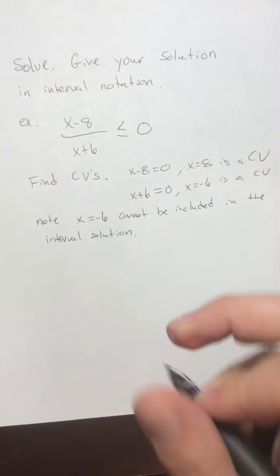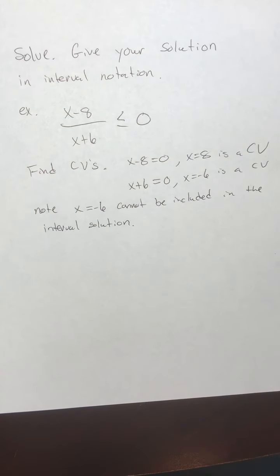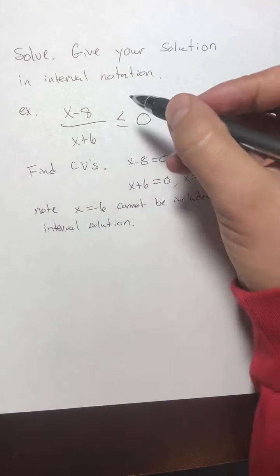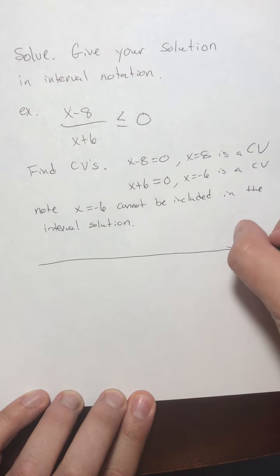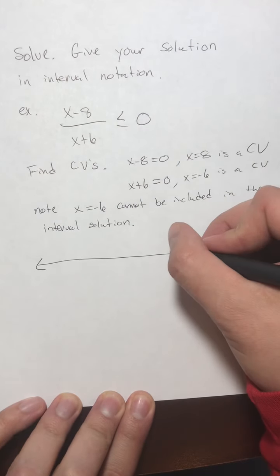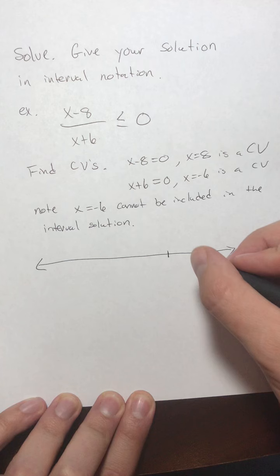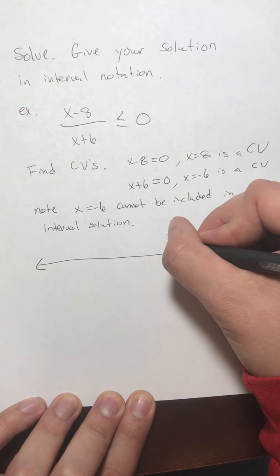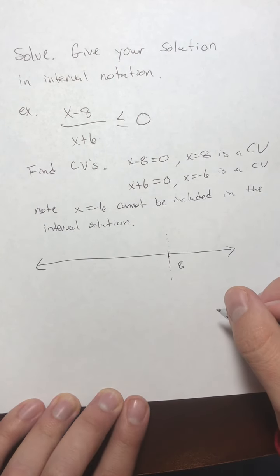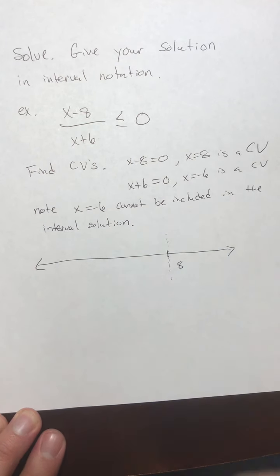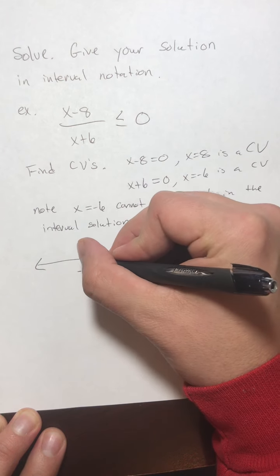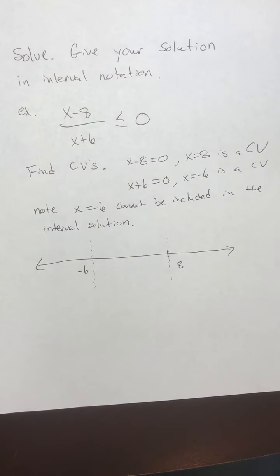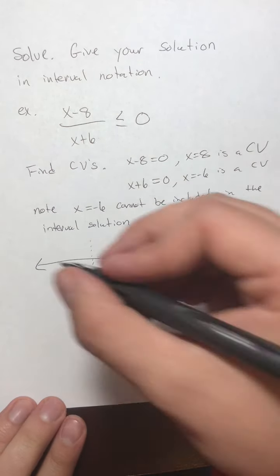Note negative 6 cannot be included in the interval solution because that would cause division by 0. So we have a less than or equal to, which the CV of 8 will require a square bracket, an inclusive, but the CV of negative 6, no matter what the outcome, we'll have to use a parentheses next to that in the interval notation.